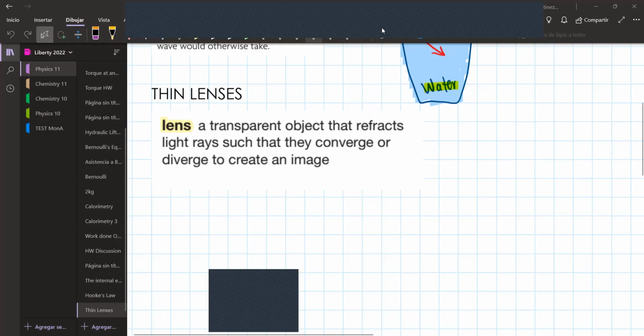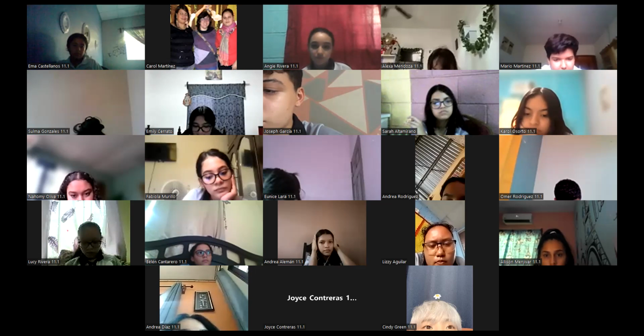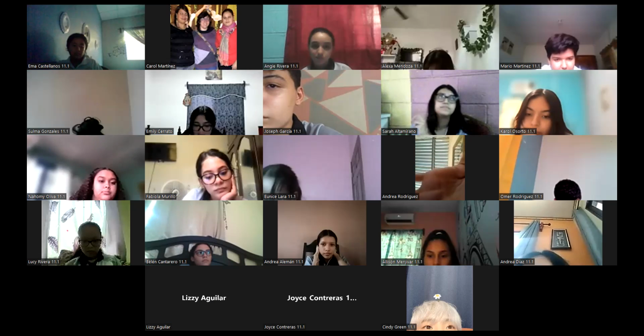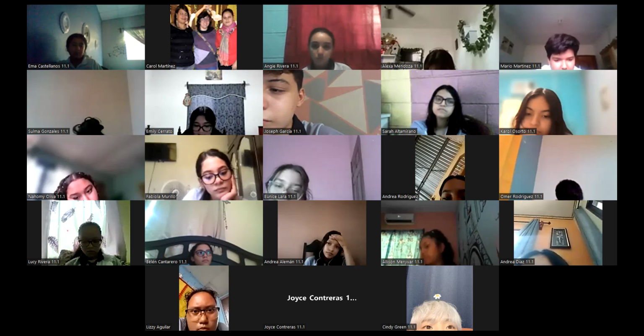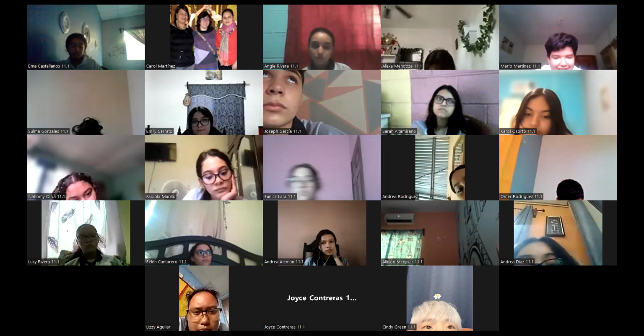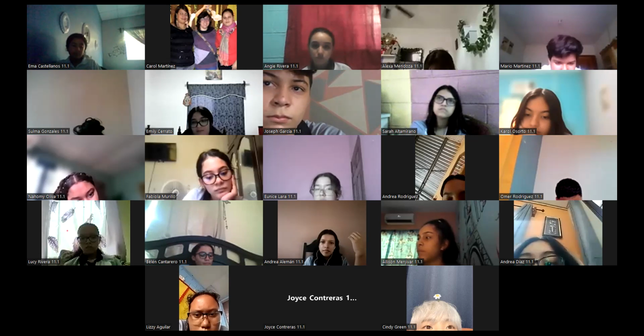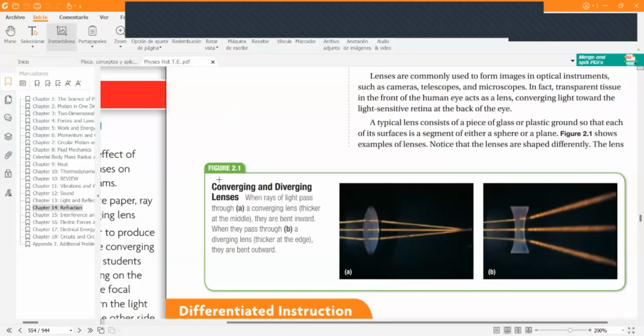So for that, I'm going to project the book now. Okay. Here in this part, it says convergent and divergent lenses.